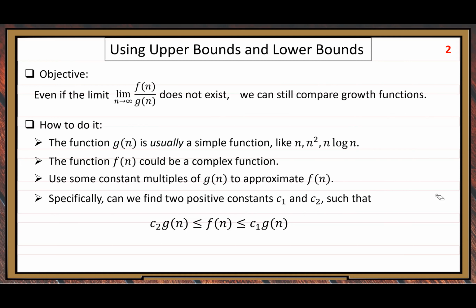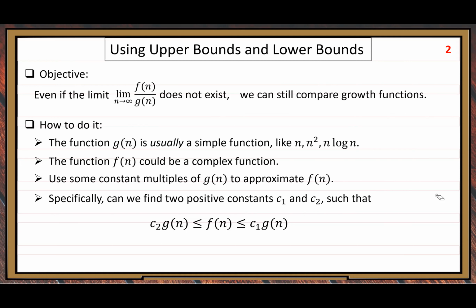From this inequality, we can describe the f of n function, a relatively more complex growth function, using two bounds: C2 times g of n, the lower bound, and C1 times g of n, the upper bound.